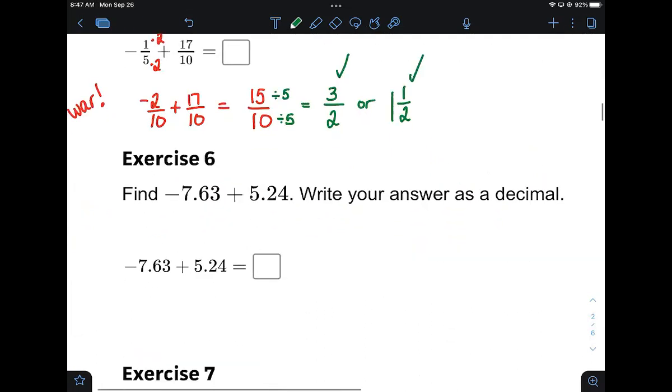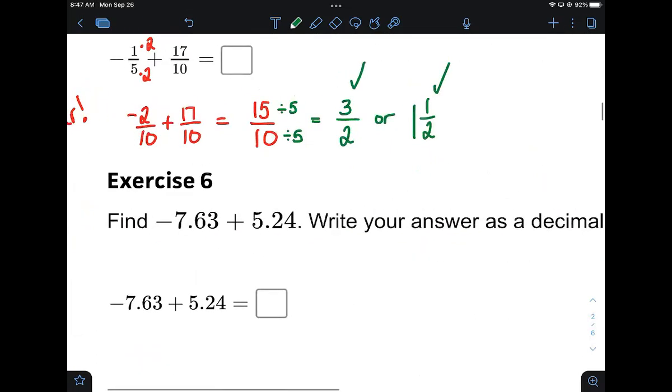All right, number 6. Number 6 has us adding with decimals. Do I have to line up the decimal point when I'm adding and subtracting? Again, yes, I do. Before I write the numbers down, though, can you tell me if I'm actually going to be adding or am I going to be going to war and subtracting? We're going to war. Again, the signs are different, so we're going to go to war. And when we go to war, the larger army wins and the larger army gets written on top.